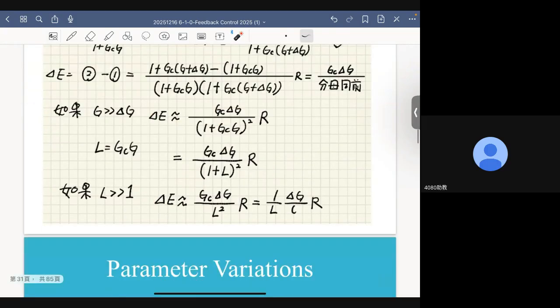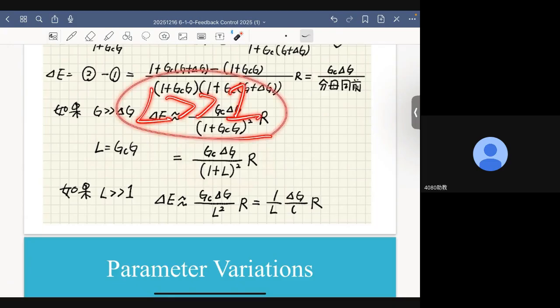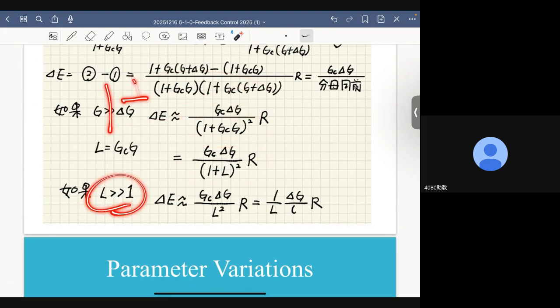Again, let's assume L represents the loop transfer function, which is GC times G. Then this result can be rewritten as this, all right? Now, let's assume again that L is much larger than 1, all right? Then 1 plus L is approximately L, okay? Because L is a very large number. Then this representation, again, can be simplified as this, okay?